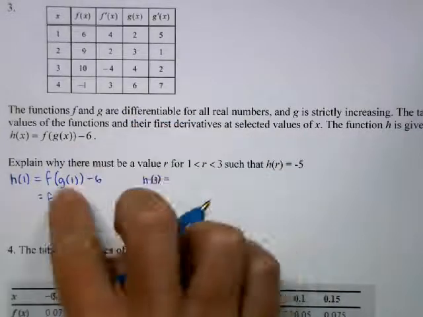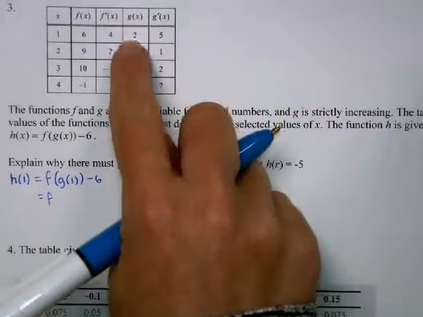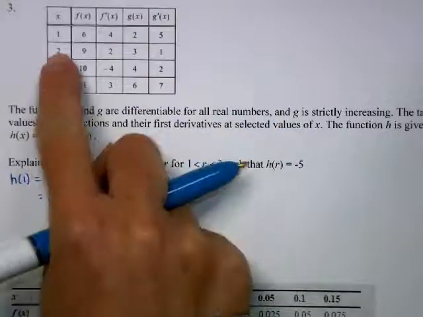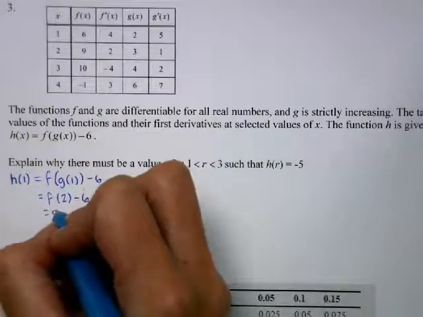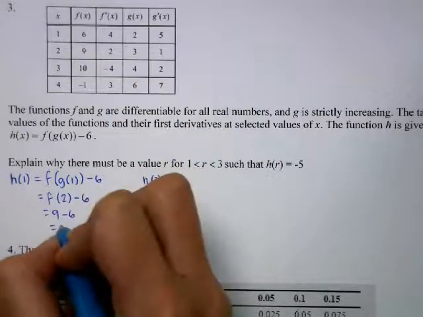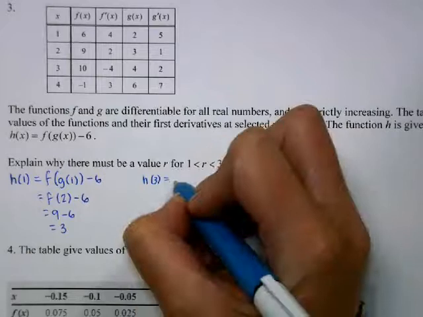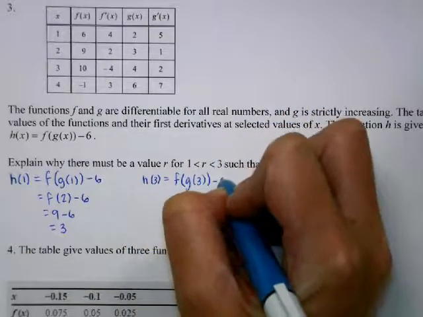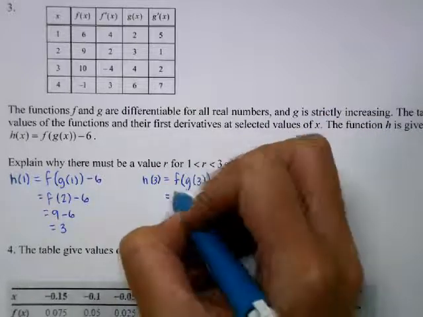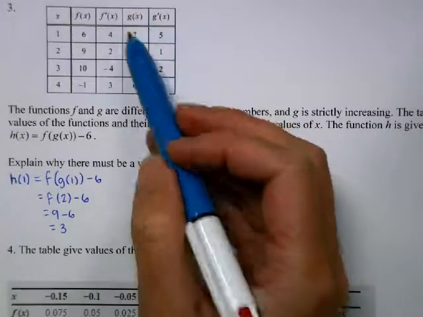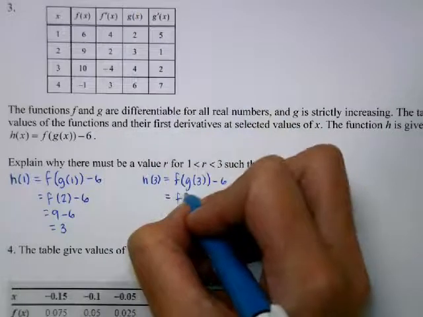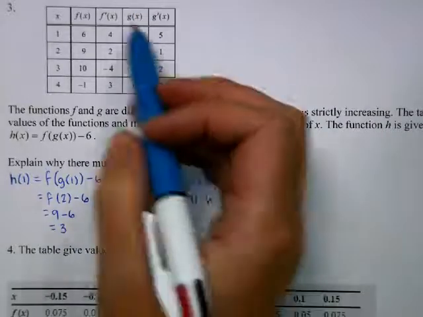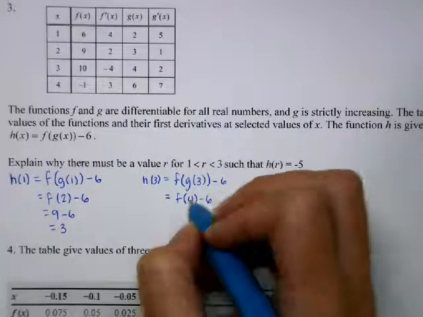F of 2 is 9. And 9 minus 6 is 3. H of 3 is going to be f of g of 3 minus 6. G of 3 is 4. F of 4 is -1. So that gives me a -7.